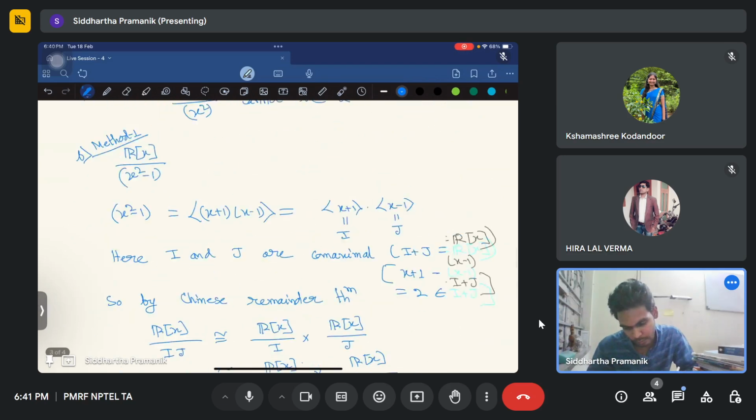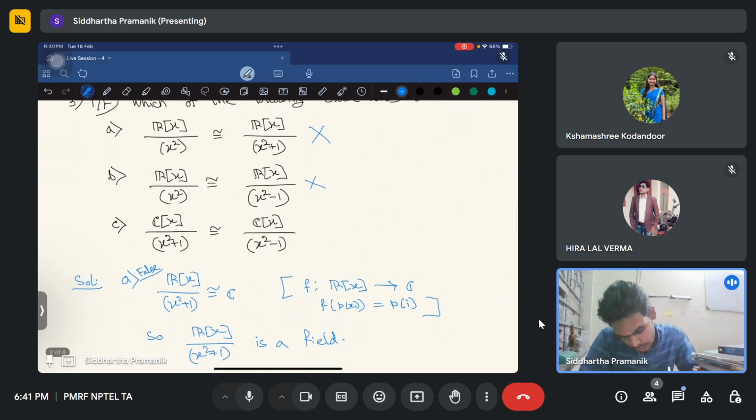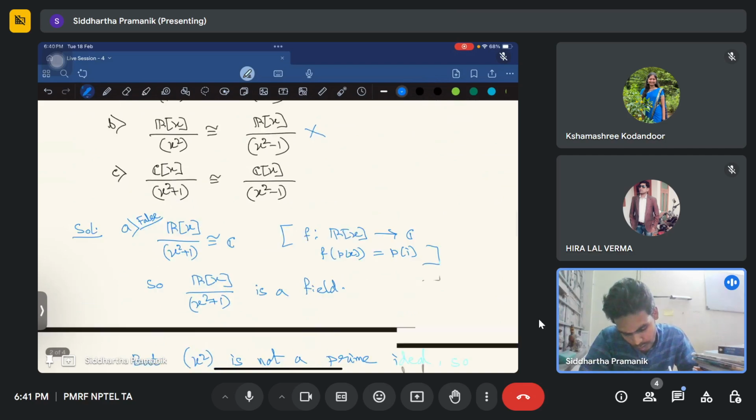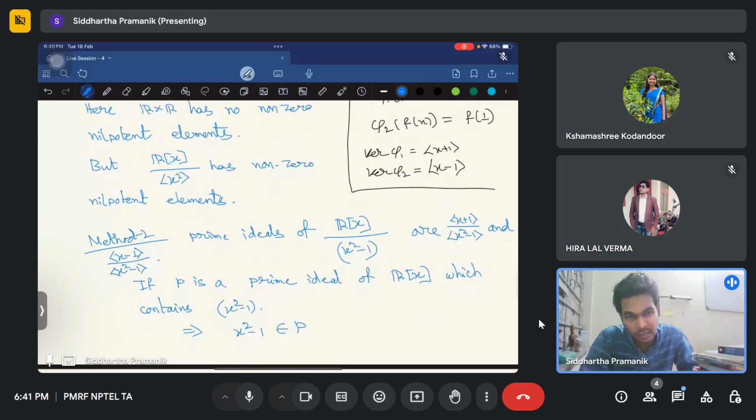So this has two prime ideals and this has one. So these two cannot be isomorphic. So we did it by two methods: one is the correspondence theorem and one is using the Chinese remainder theorem.